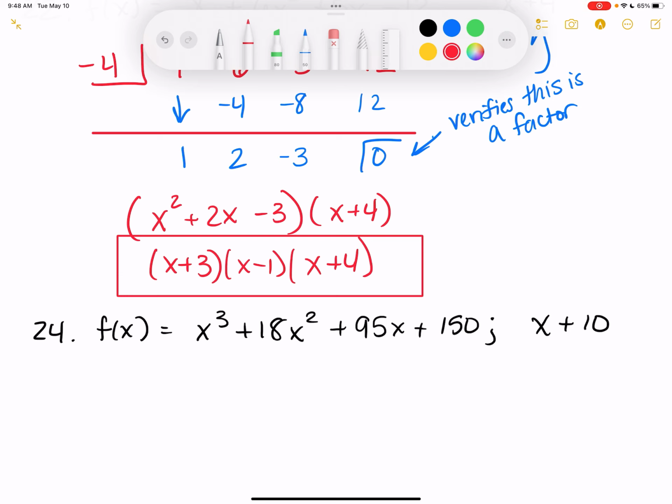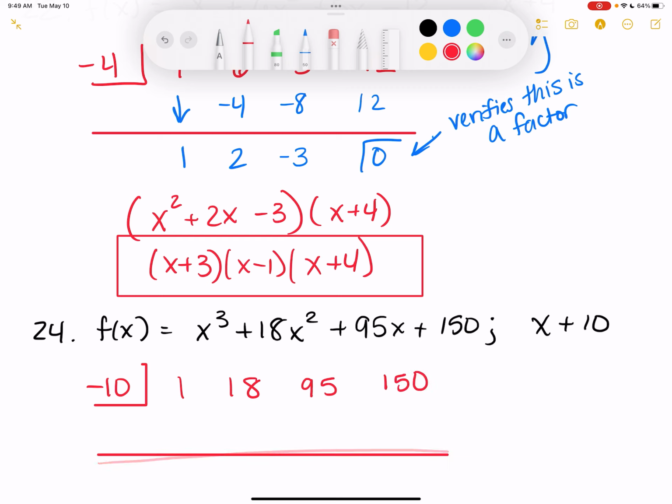So you put negative 10 out to the left. You're not missing any terms, so just fill it in. 1, 18, 95. Cool, let's verify.